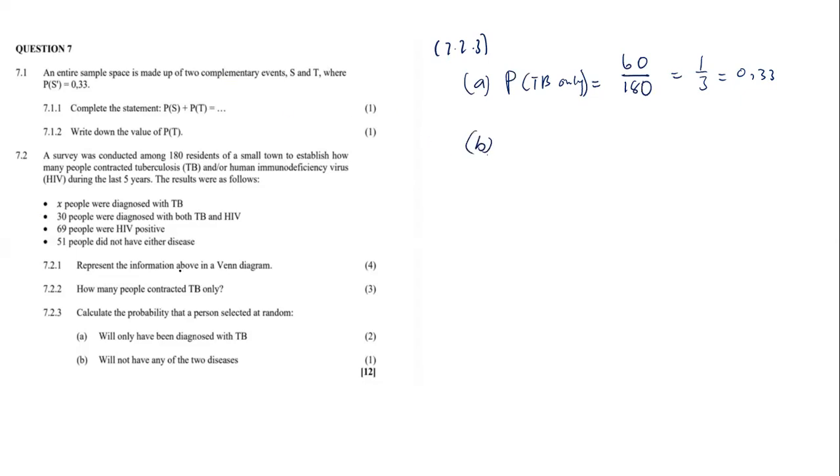Now, number B says, calculate the probability that a person selected at random will not have any of the two diseases. So we want to determine the probability of not having the diseases.